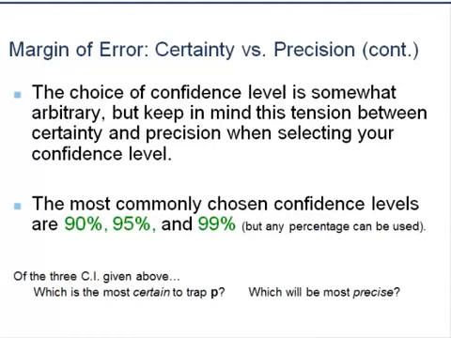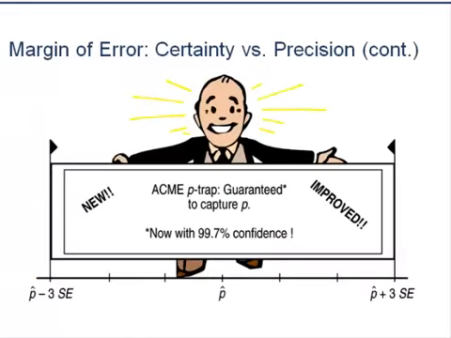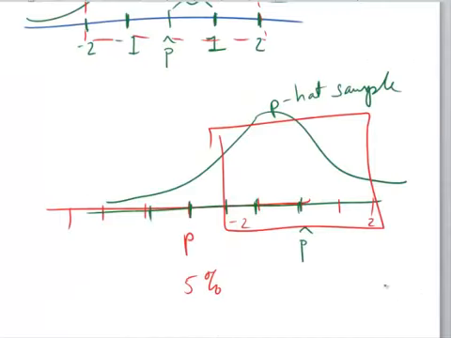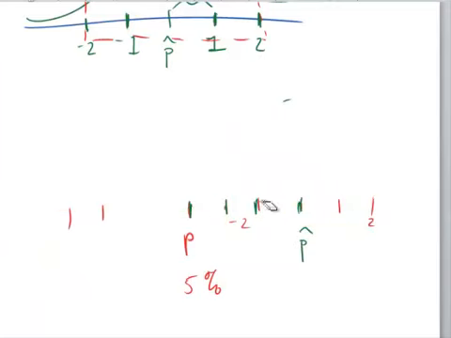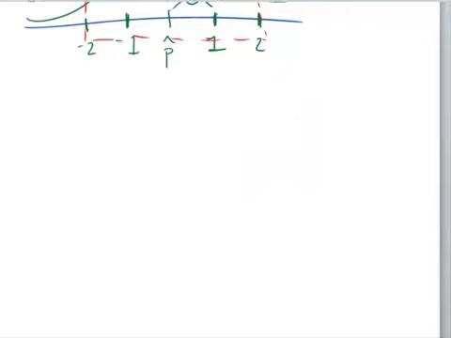All right. Again, we could use different types of confidence levels, 90, 95, and 99. Whether you have 90, 95, or 99 is going to depend on how far out you go based on your normal model again. So if you think back to our normal model idea here, think about our confidence intervals.